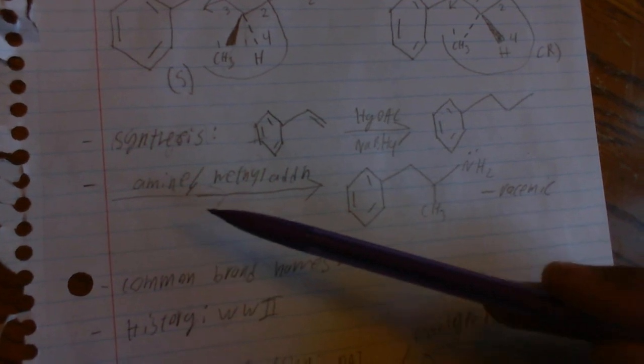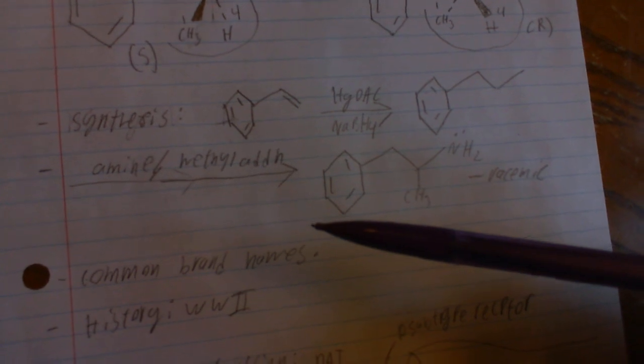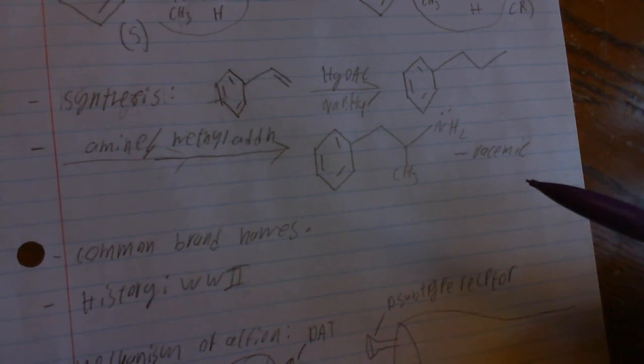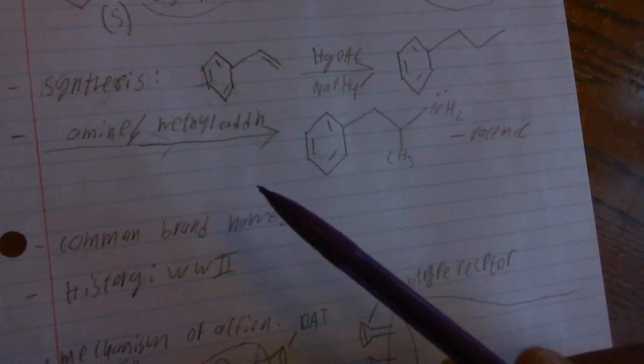It undergoes hydroxymercuration, yielding this, and then amine addition and methyl addition via methylation. This actually happens in our body when we start off with phenethylamine, through our body's endogenous enzymes. But in a lab, this goes through different mechanisms using inorganic acids and solvents.